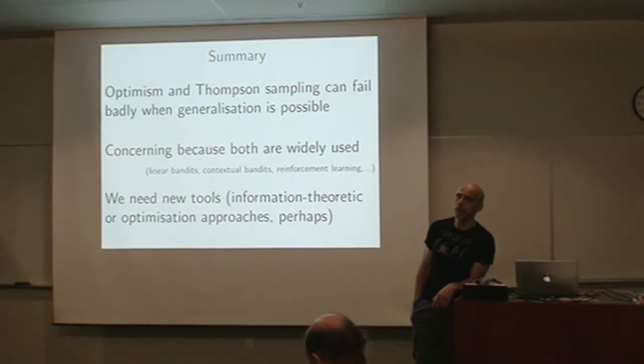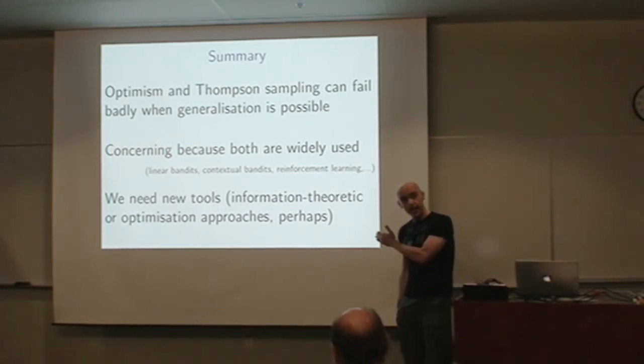When you have some prior knowledge that it's possible to generalize from one action to another, then that generalization could be used to your advantage, and existing algorithms don't seem to take advantage of that, which is in a way unfortunate. It should be the easier case, you have generalization. But you can save a lot, yeah.